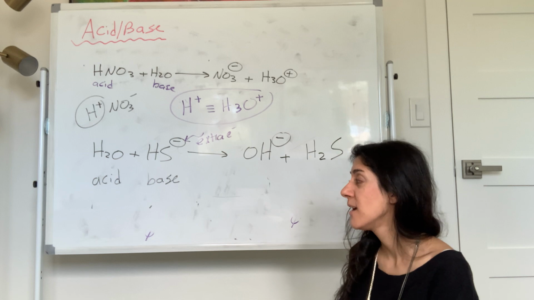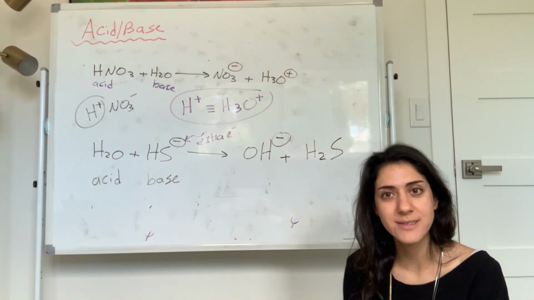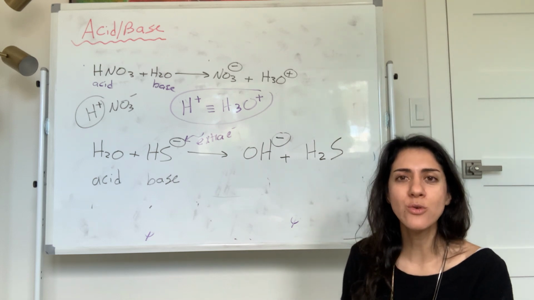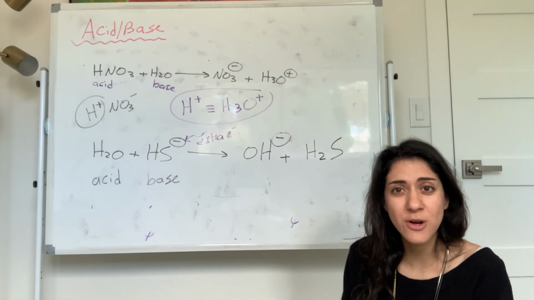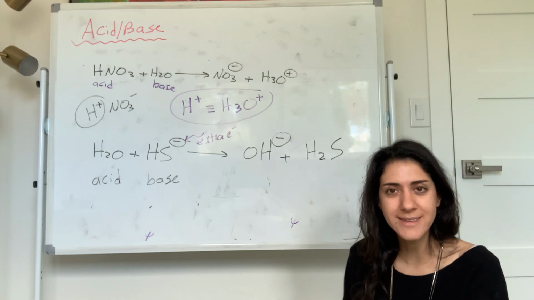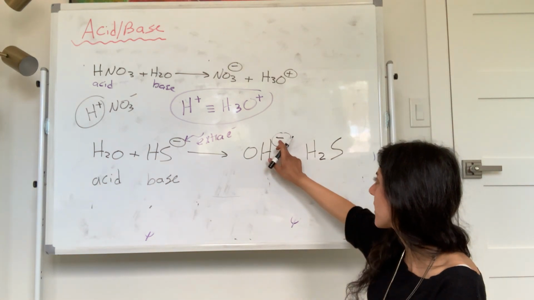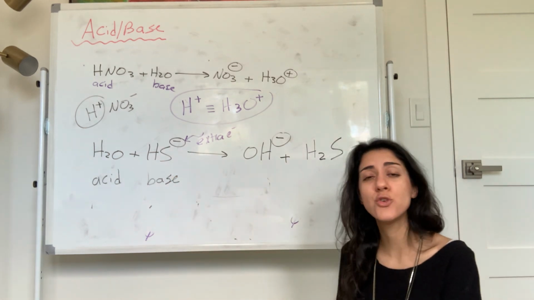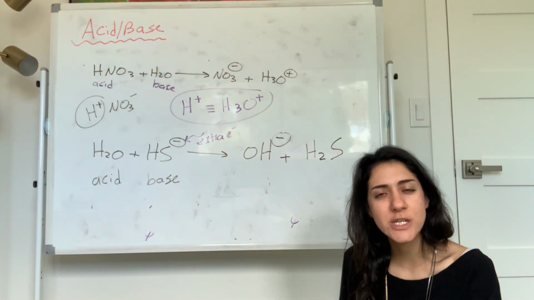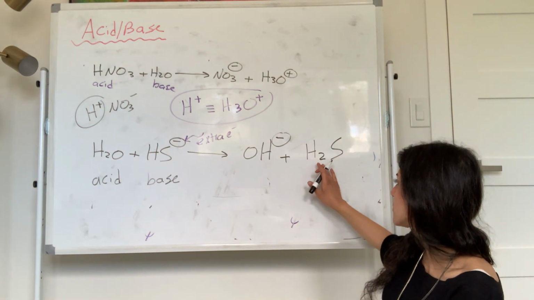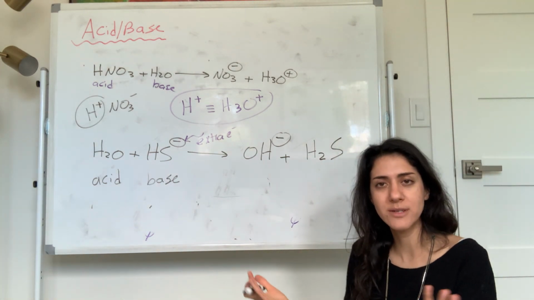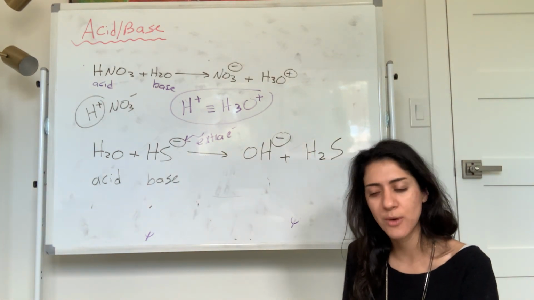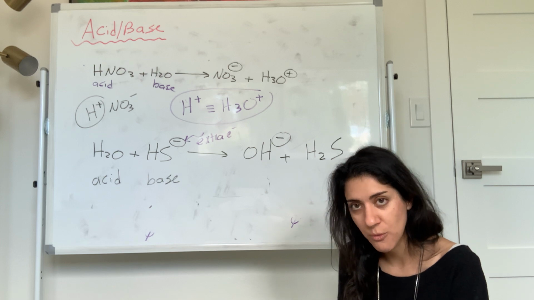So water is going to lose the H plus, so it becomes OH minus. It lost an H. Now remember, when you lose the H, now you have more electron for yourself, right? Because you have one less atom and you have more electron. So it has a minus charge. Now HS minus uses the extra electron to get a hydrogen. Now it is H2S. Now it is a neutral charge because it used the extra electron to grab another H. We're good so far? Okay.